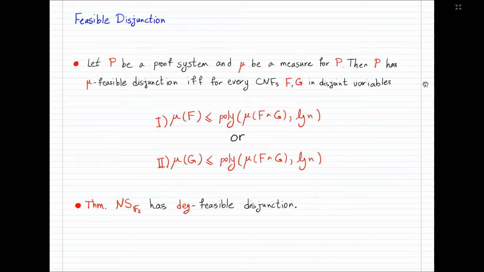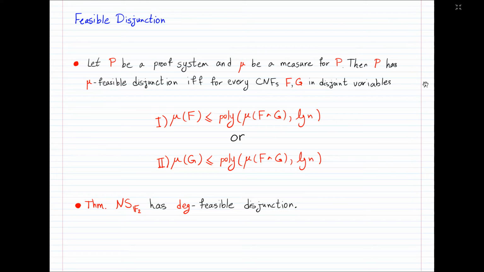As this paper mainly works on feasible disjunction, we need a formal definition. So let P be a proof system and mu be a measure for P. Then P has mu-feasible disjunction if and only if for every CNFs F and G in disjoint variables, either mu(F) should be relatively small with respect to mu(F and G), or mu(G) should be relatively small with respect to mu(F and G).